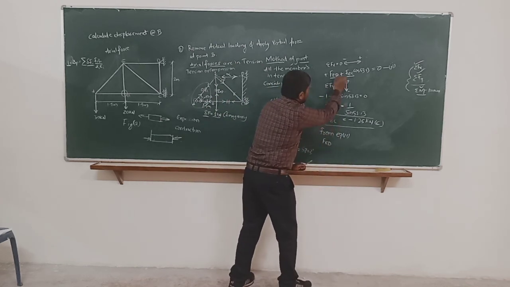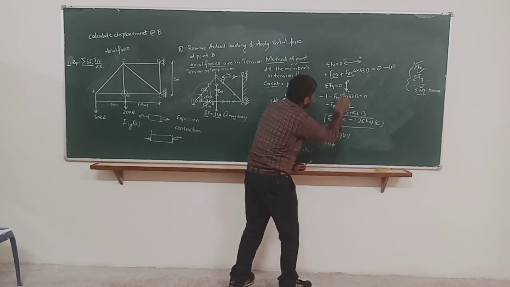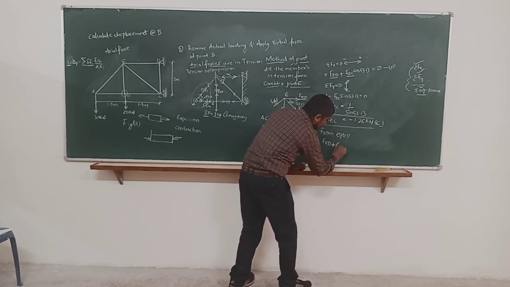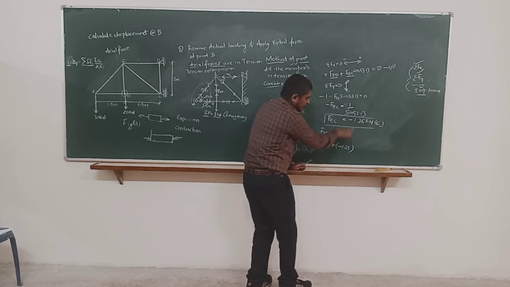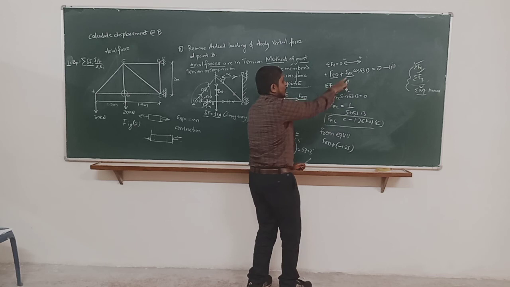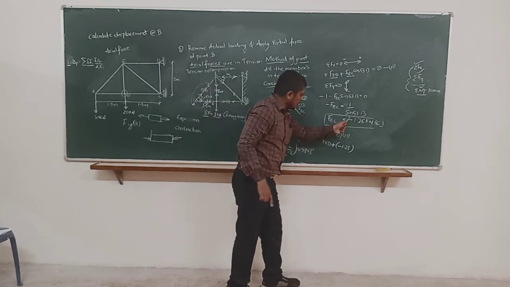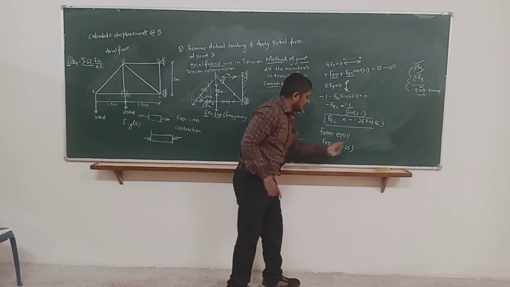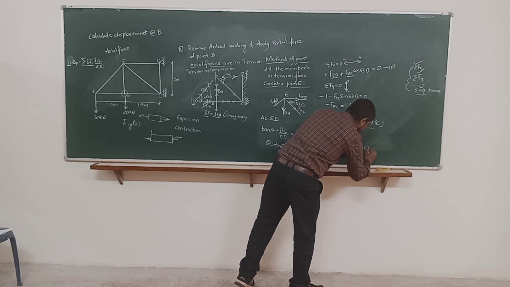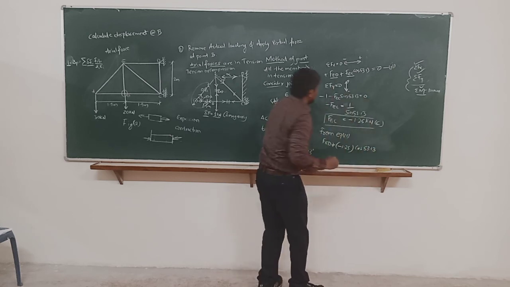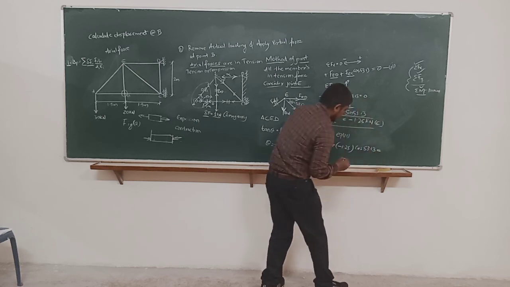Now FED plus FEC, already we have got. I have written plus here, but the answer is minus, that is 1.25. As it is you have to keep it here because this equation we have developed as per our assumption. But the answer is coming negative, so you keep it like this only. Whatever the answer is coming, you keep it in, minus cos 53.13 is equal to 0.